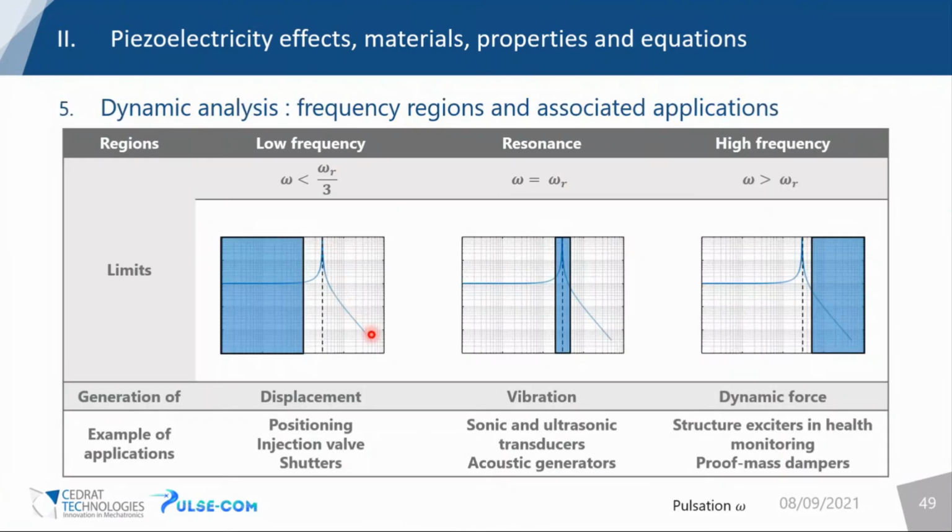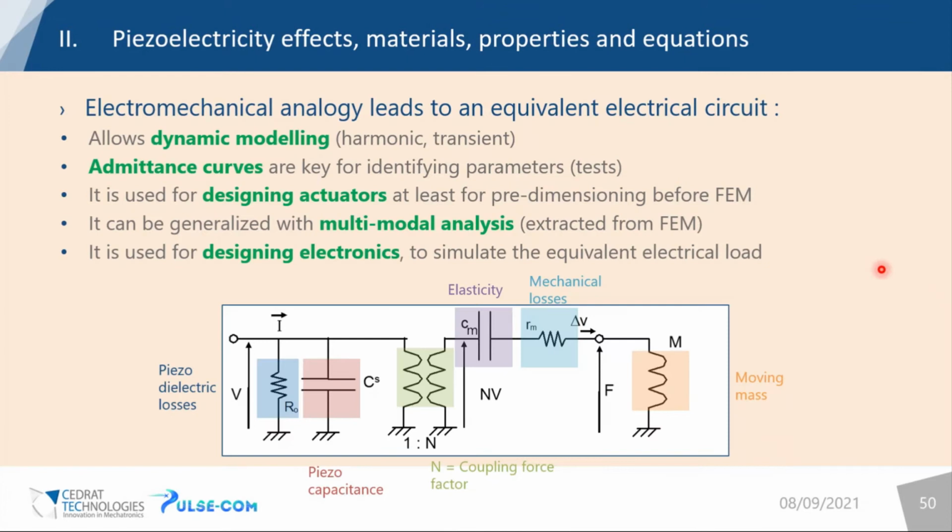You have only one peak here, while in reality, you would have other peaks after. But since the amplitude is really low, it can often be simplified. Not every time, but often. And this is also very interesting for designing the electronics that will drive the actuators, because it can simulate the equivalent electrical load that will be seen by the electronics.